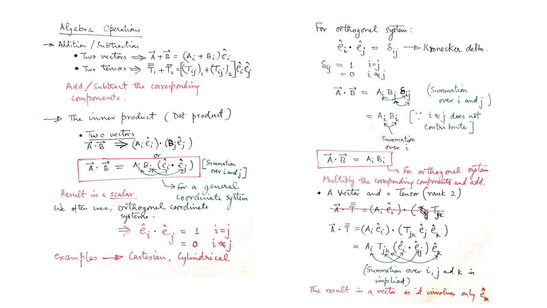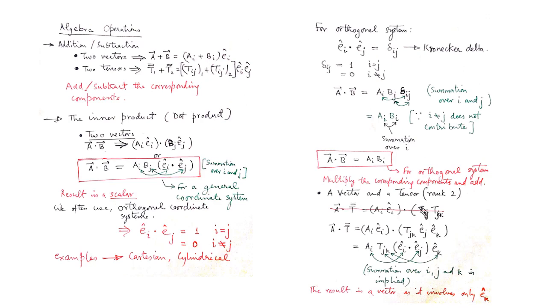Now coming to the dot product involving a vector and a tensor of rank 2. Again A dot T, now we can move a little faster because we are becoming familiar with indicial notation. So A dot T is equal to ai ei, this is the vector written using indicial notation, dot with the tensor of rank 2, also written in indicial notation.